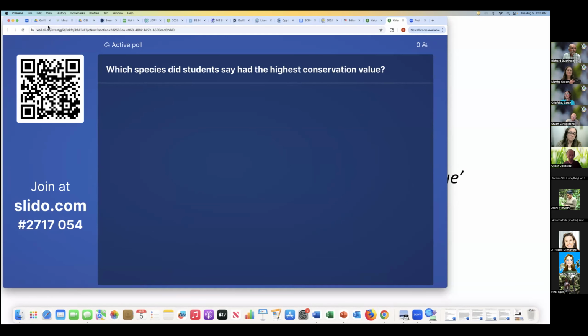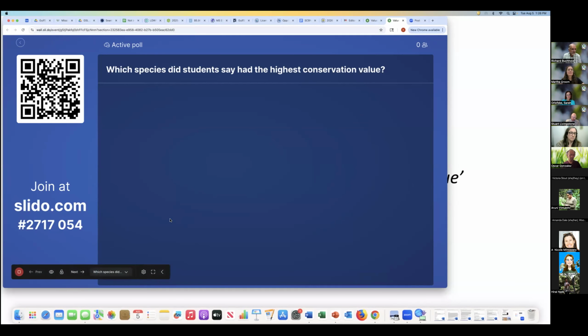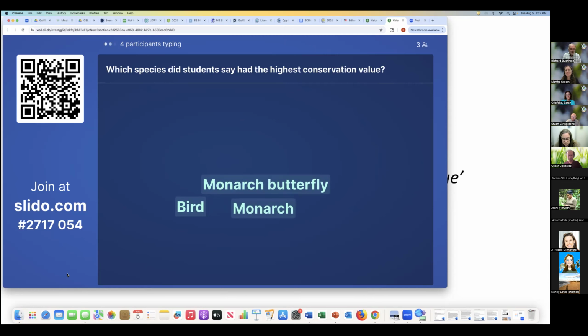Now, in a perfect world, you should be able to see this little Slido QR code. Yes. Okay, great. And if you could answer the first question, which species did students say had the highest conservation value? So you just aim your phone at that thing. I haven't done this yet. Hopefully it works. All right, words are coming up. Good.